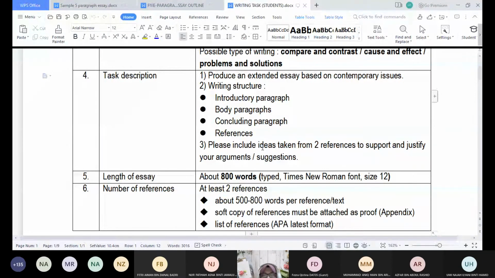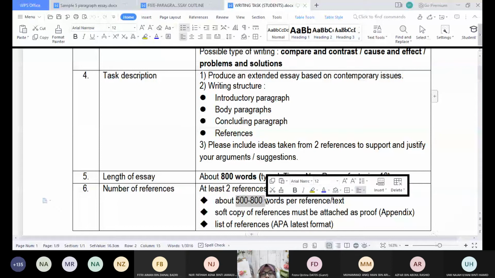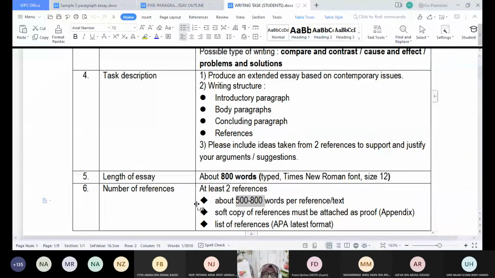If shorter than that, I will not approve your article. You have to find more. So 500 to 800 words per reference or text. I think from the internet there are so many. So basically you save the article, don't forget the link, the address, you save everything.